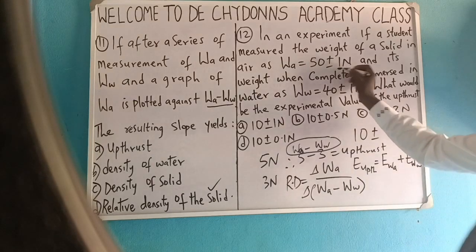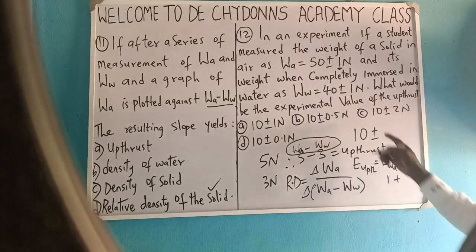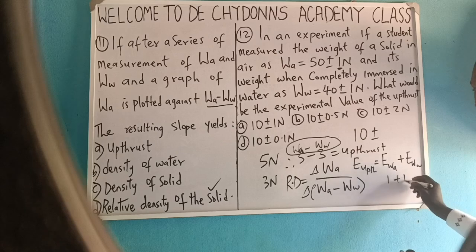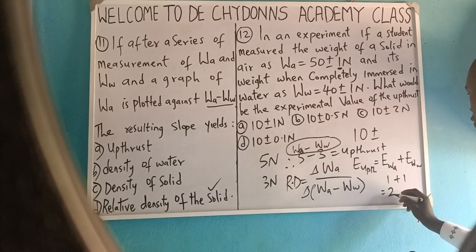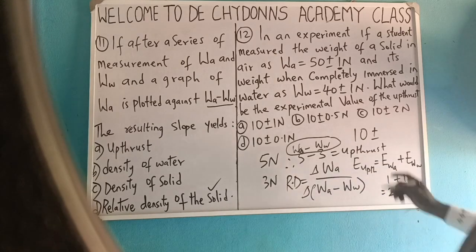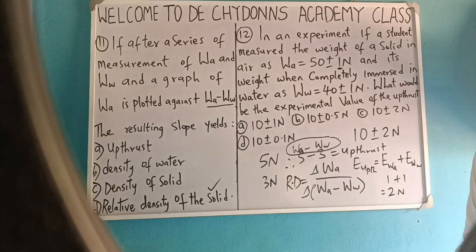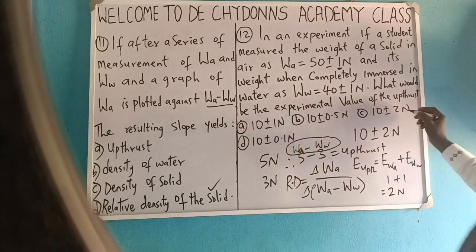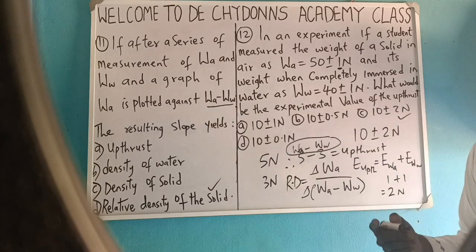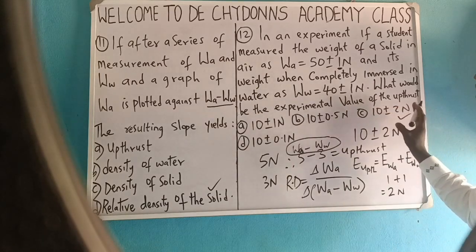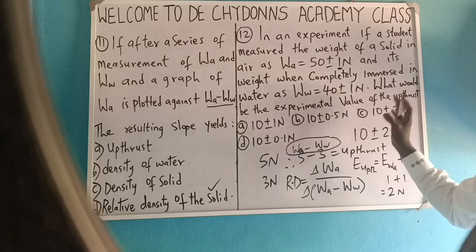The maximum error is 1, plus the maximum error of this, 1. We'll be saying 2 Newton. And so we'll be saying 10 plus or minus 2 Newton is the answer. And that goes to option C. So this gave us the exact option we got.